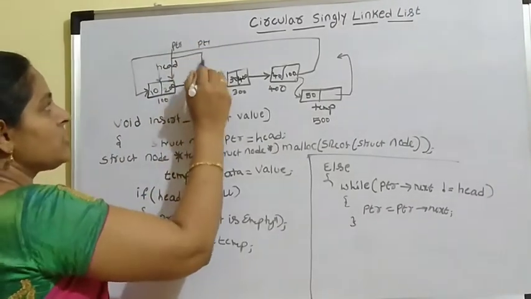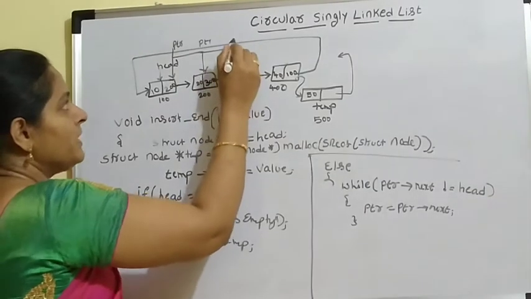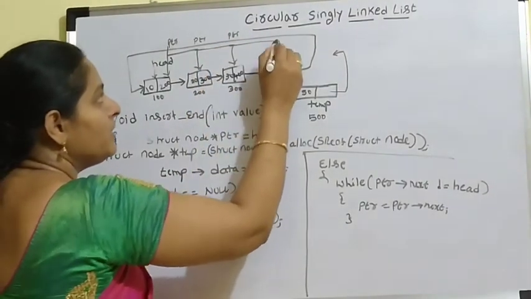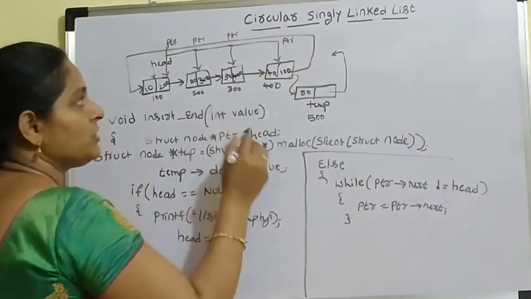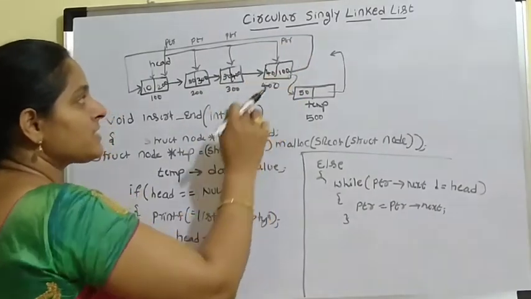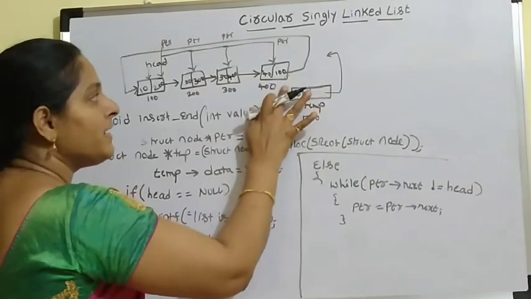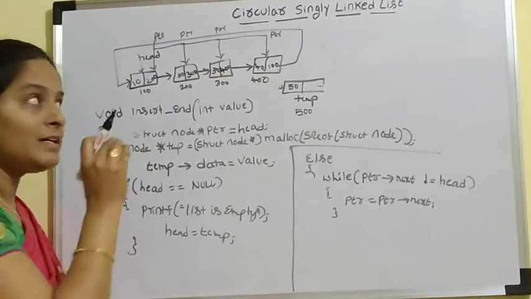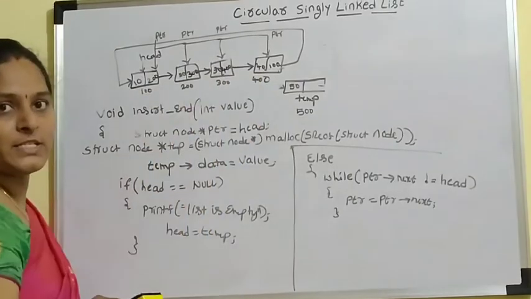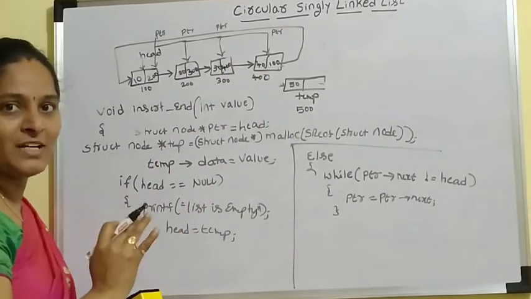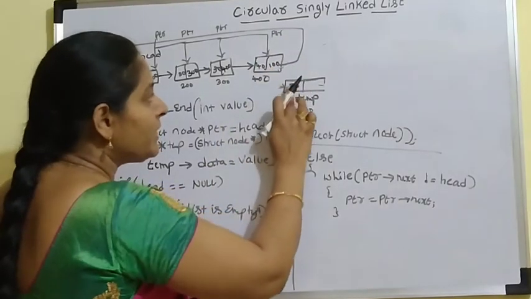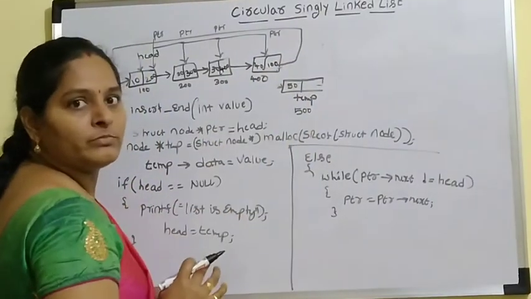Again PTR next is not the head address, move PTR to the next position. PTR next is not equal to head, move PTR to the next position. Now PTR next address is the head address, so the PTR node is the last node in the list. Now we found the last node. Then what we need to do? This last node we need to connect to our temp node.